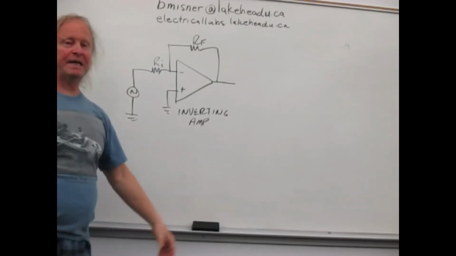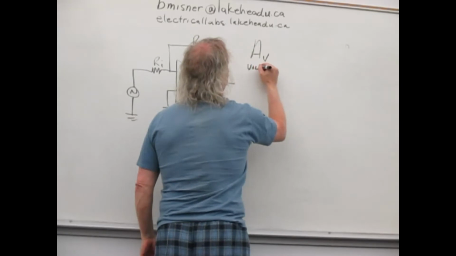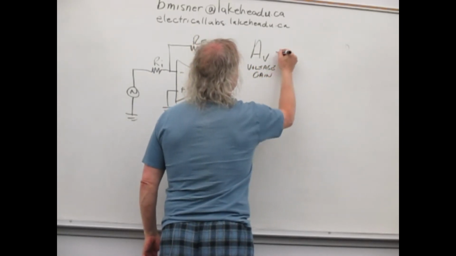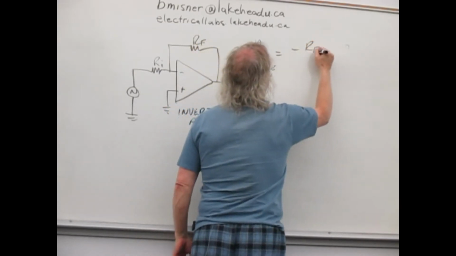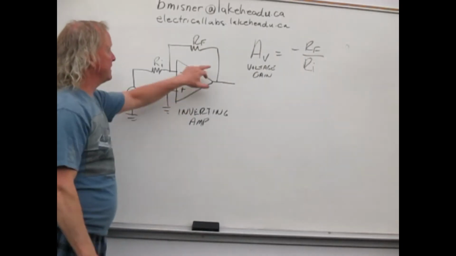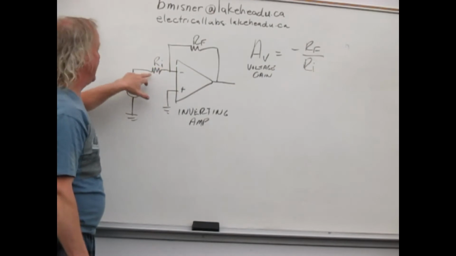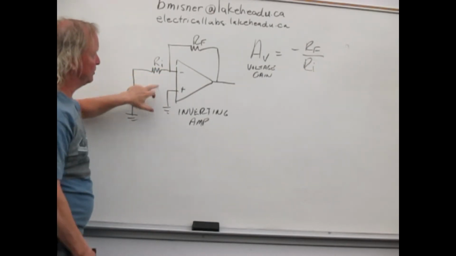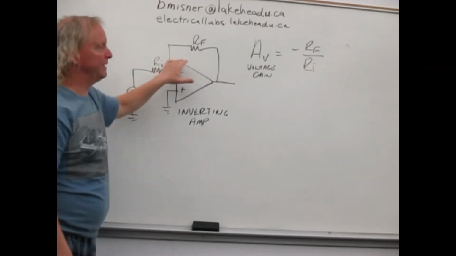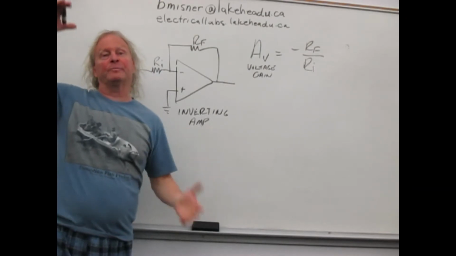So we say that the voltage gain, AV, equals minus RF over RI. RF is the feedback resistor. It's feeding some of the output back to this, and this is our input resistor here. So depending on the combination of these resistances, we can make it bigger or smaller.